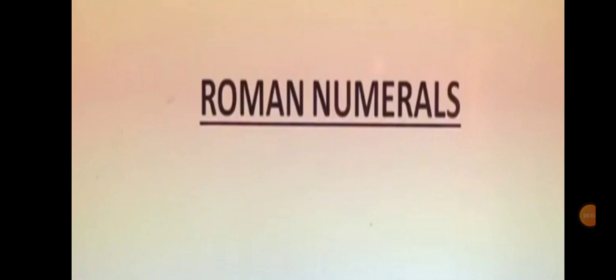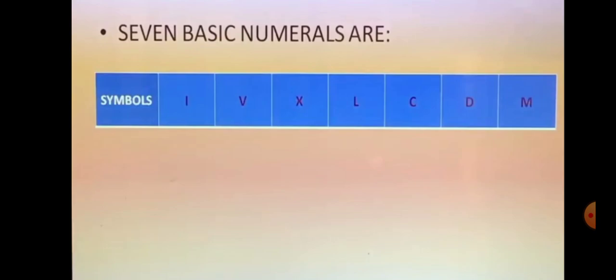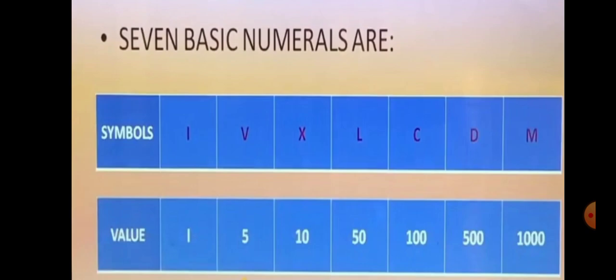Today we will learn about Roman numerals. Romans used other symbols for writing numbers. They used only 7 basic symbols that are given here: I, V, X, L, C, D and M. Their respective values are given in this table.